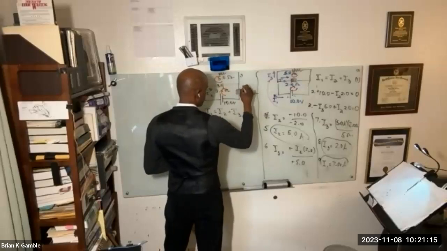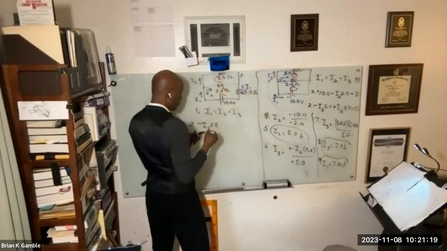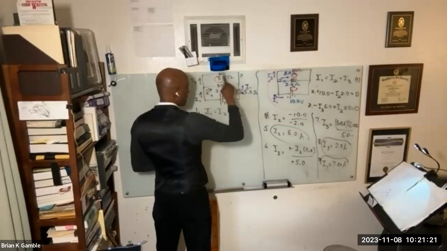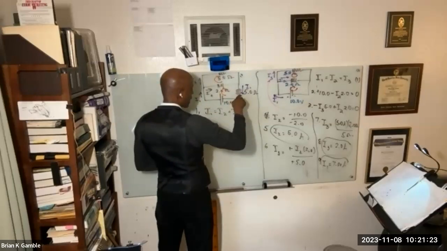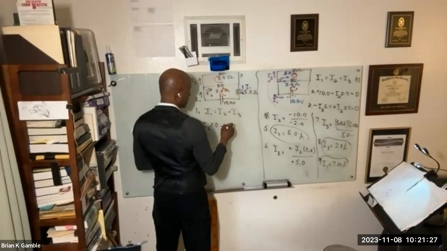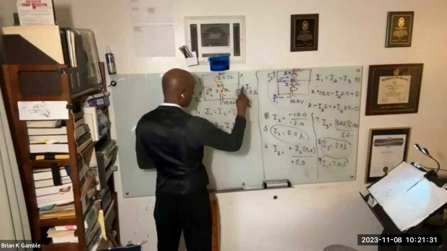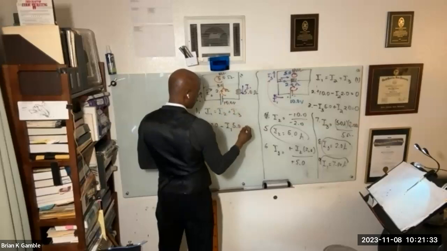I1 would actually be coming out here. So if I'm going to traverse in the clockwise direction, then I go through this 5 ohm resistor in the direction of current. So that's also a minus I1 times 5.0. Then back to the battery and I'm up, so plus 10, and then back to my original equals 0.